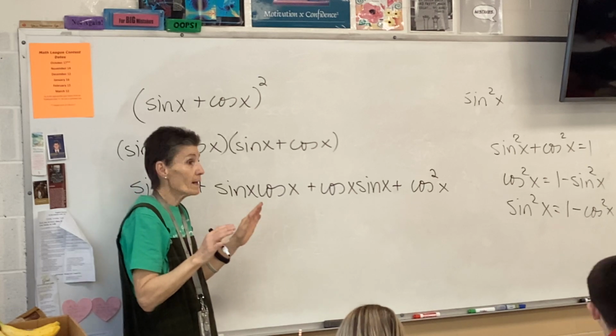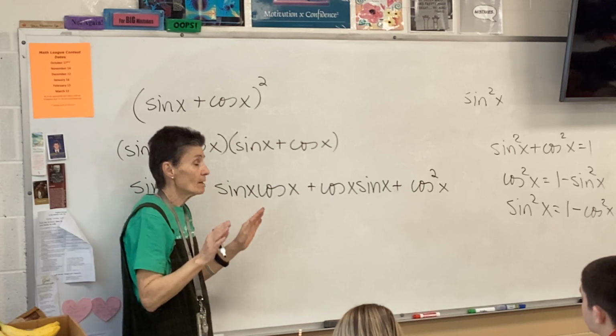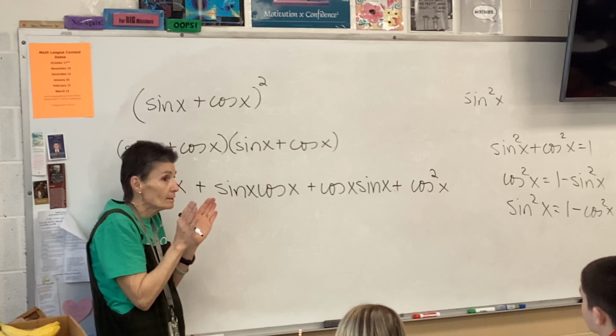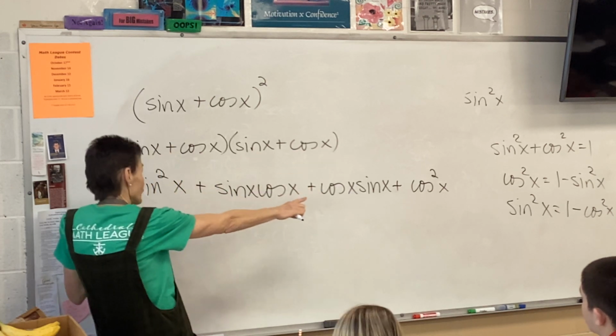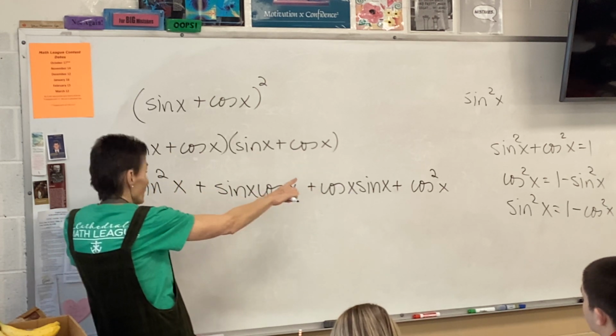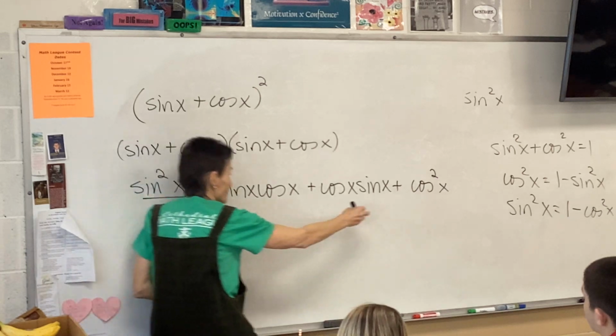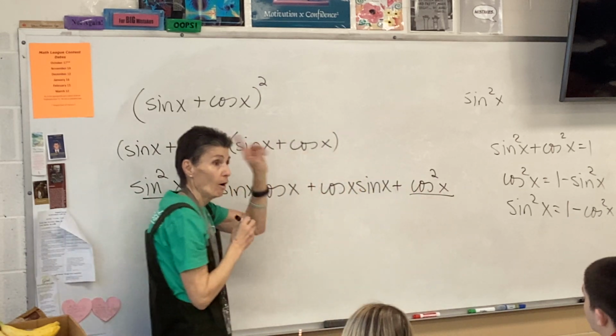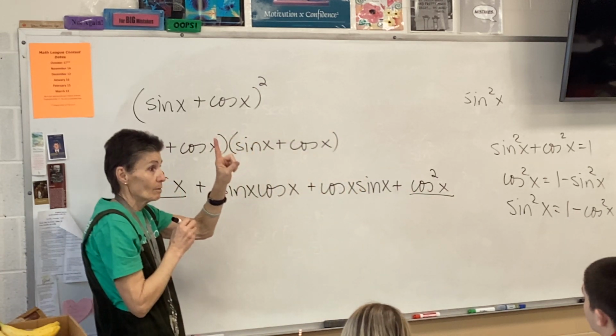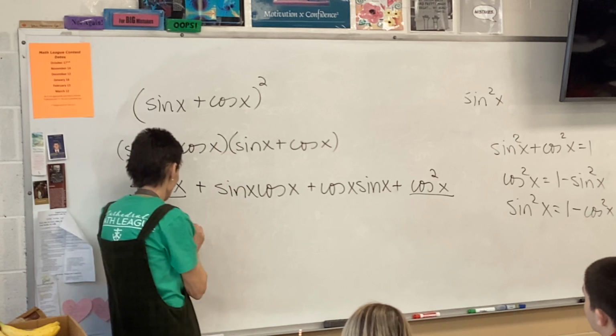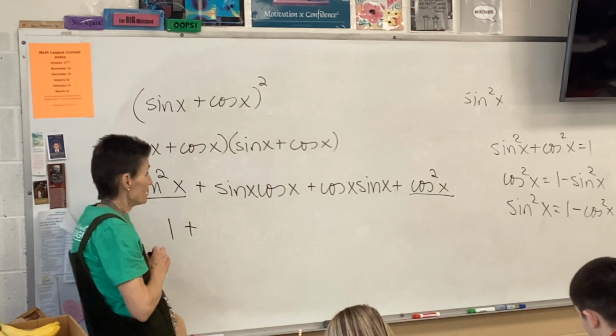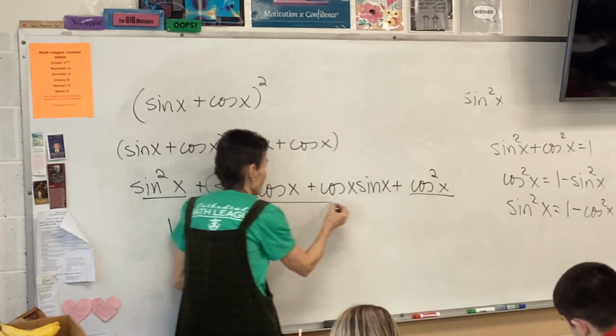Now, why am I literally jumping for joy? Look at the ends of this problem. Sine squared plus cosine squared always makes 1. Now, what about these two guys in the middle?